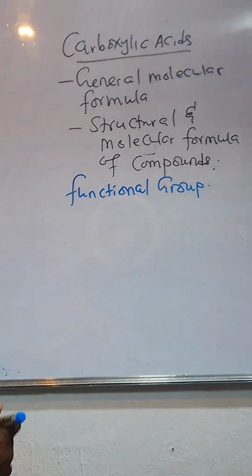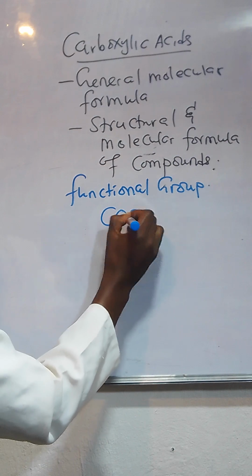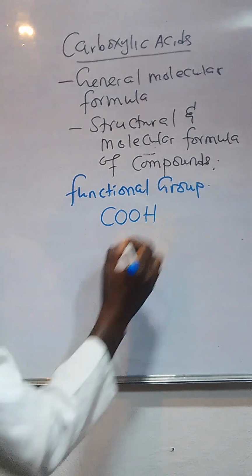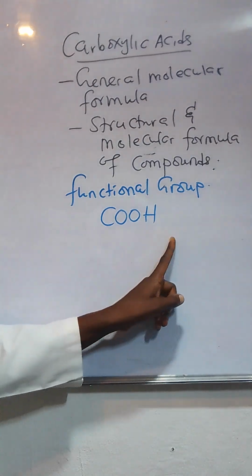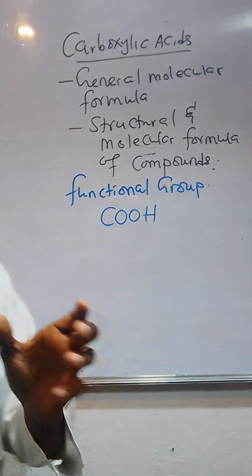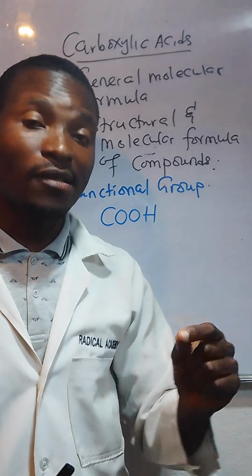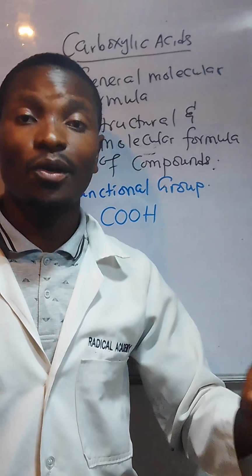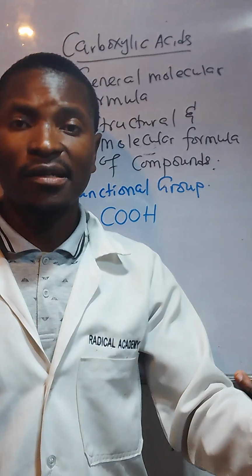So the functional group of these is COOH. So this is basically the functional group. Remember that functional groups are very important, because they determine the chemical properties of a particular compound, more especially an organic compound.